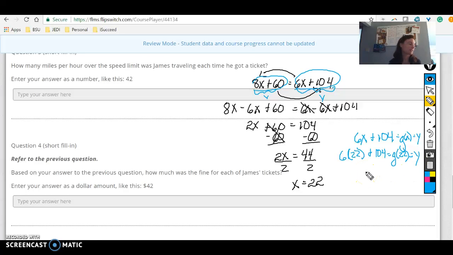So 6 times 22 is 132, plus 104. That's a really steep fine. That is a $236 ticket.